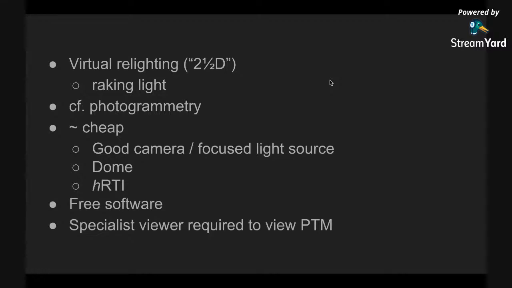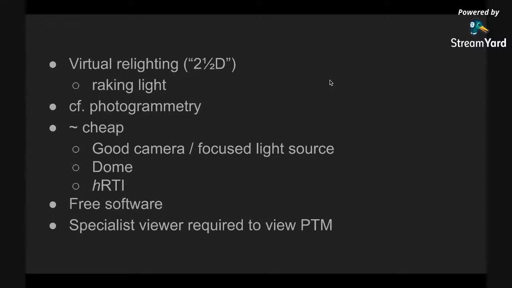It is basically the process of using light from different angles, different elevations on a surface, to illuminate different features of that surface. This is very similar to how people trying to read inscriptions, for example, have always viewed or photographed inscriptions by casting raking light on them.